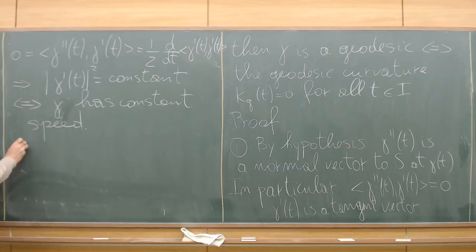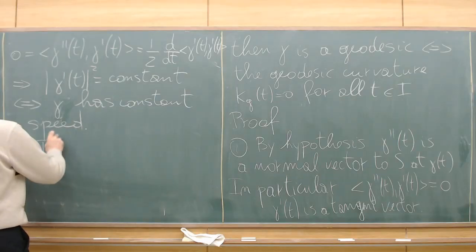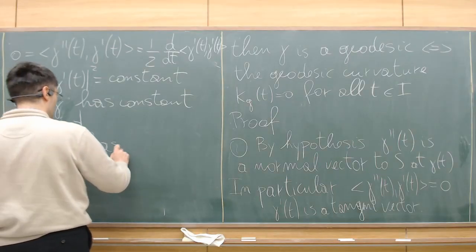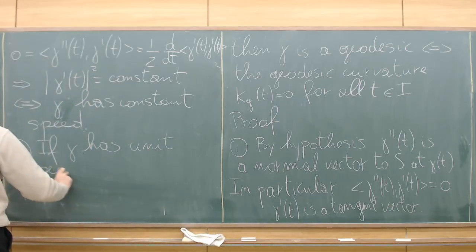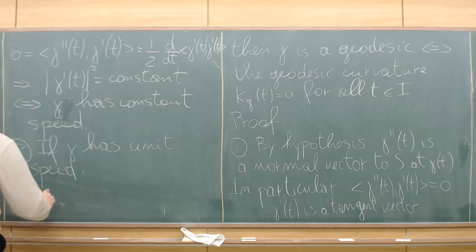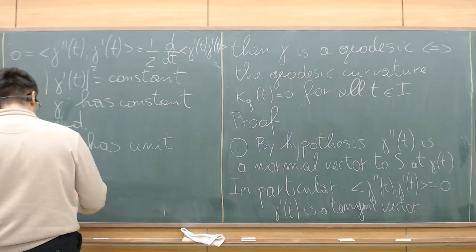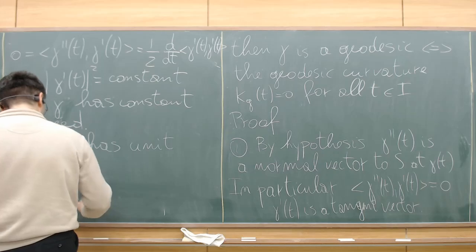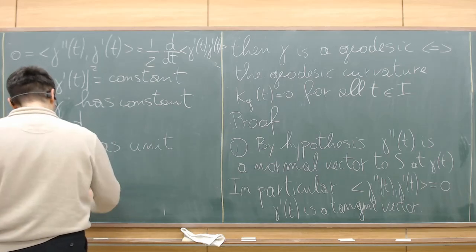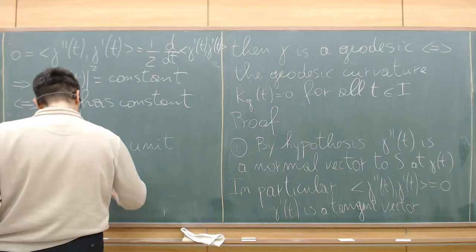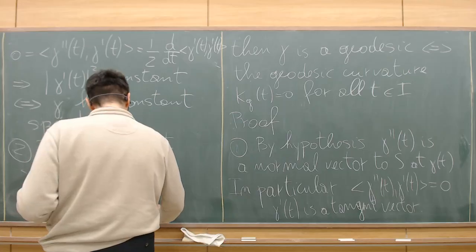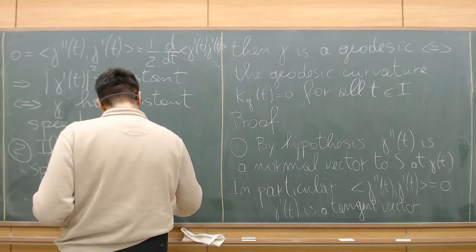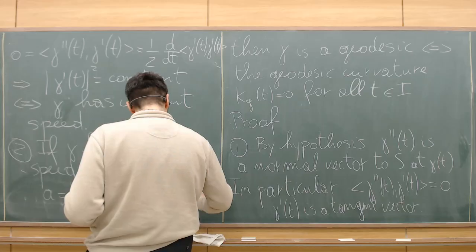About 2, we've seen in the past that if gamma has unit speed, then the acceleration vector can be decomposed as follows: kn N of gamma t plus kg R90 gamma prime t.